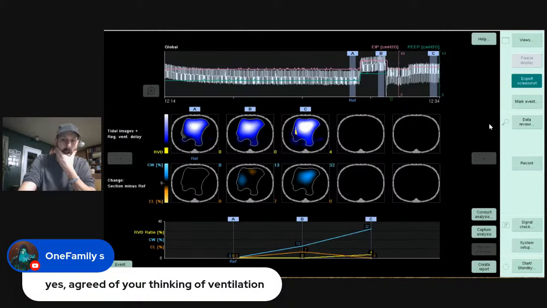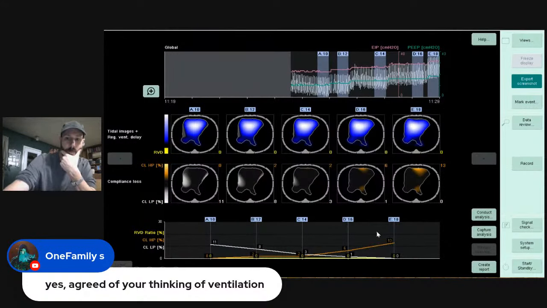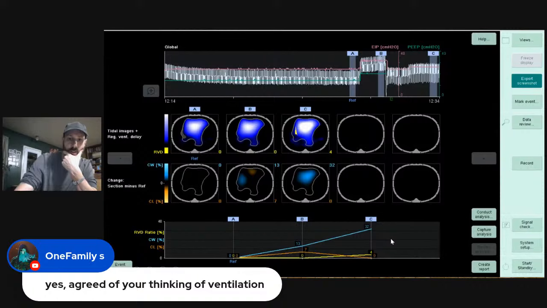Then after I transitioned over here to APRV, I can tell because this is still with the PEEP here, and then I tried increasing the PEEP to B. Nothing is really happening.